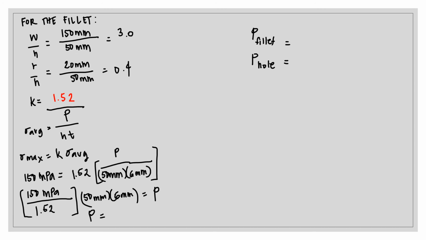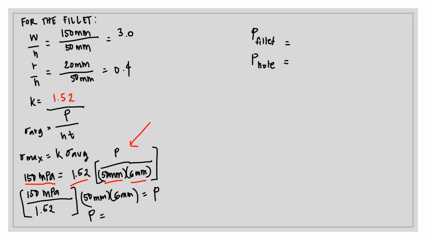Given the value of K is equal to 1.52, we could now solve for the value of force P in the fillet. Substituting the given values, we have the maximum stress, the K, the height, and the thickness of the bar.